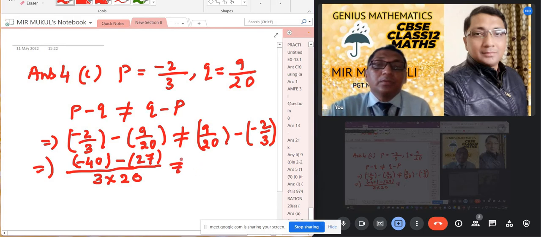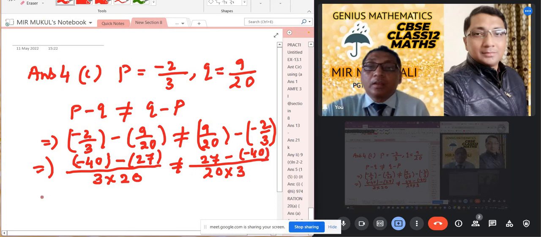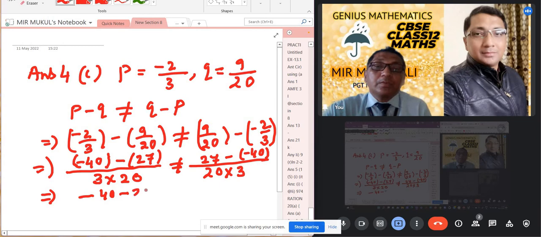Not equals 20 into 3. Now cross multiply 27. And here it will cross multiply minus 40. So here both are negative numbers. Here minus 40, we are getting minus 40 minus 27, and in the denominator we are getting 60.